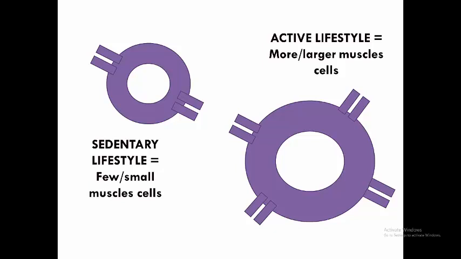So physical activity means increased muscle mass, which is one of the keys to preventing diabetes. And if someone has diabetes, then physical activity is one of the keys to helping manage it by improving the presence of enlarged muscle cells.